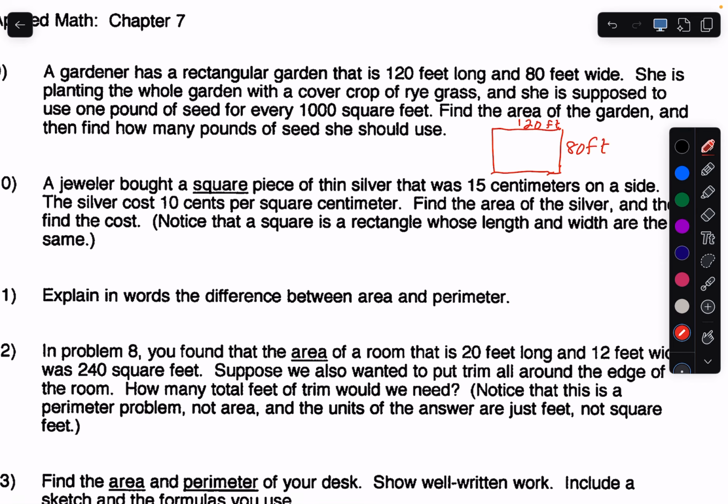Okay, so I want to tell you about my garden. Why not? I have 2 gardens. Well, yeah, I have a big garden. My gardens are kind of like that. They're 4 feet wide and 32 feet long. So if you think about my garden, let's think about the square footage of my garden.